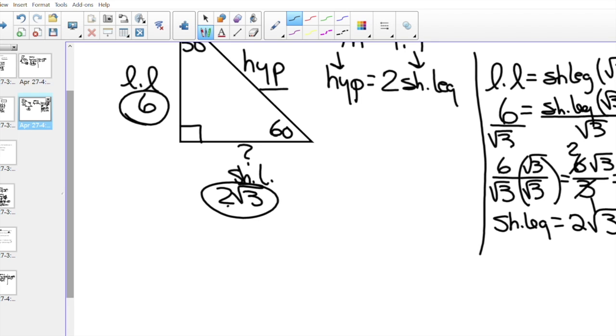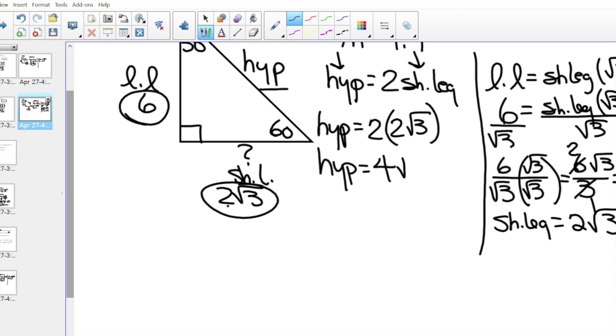But then we have to find the length of the hypotenuse. Well, you would say 2 times the shorter leg. So the hypotenuse is equal to 4 root 3.